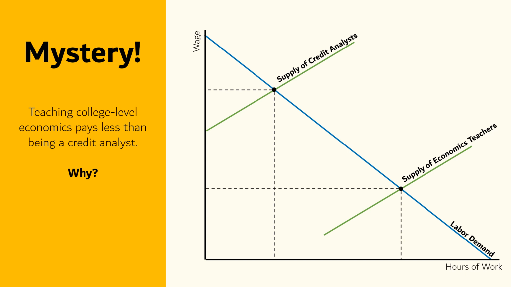The answer here is that being a credit analyst is a lot less fun than being an economics teacher. It's a different kind of job, which is more isolated, has a different work-life balance, and has a more monotonous day-to-day experience. And so the higher wages simply aren't enough to compensate for the difference in fun for many people.